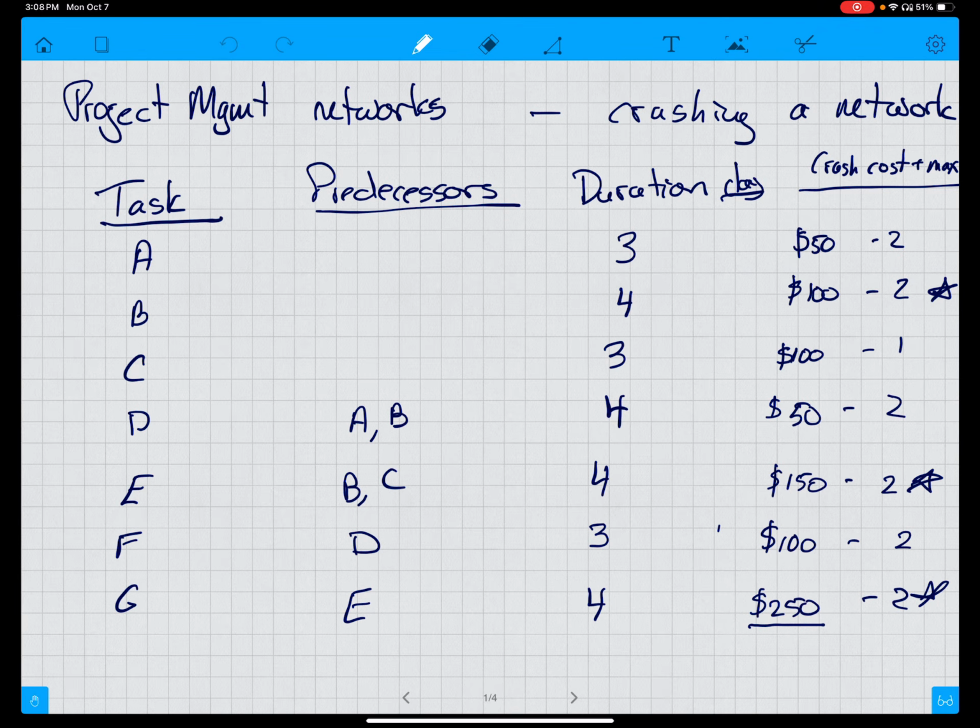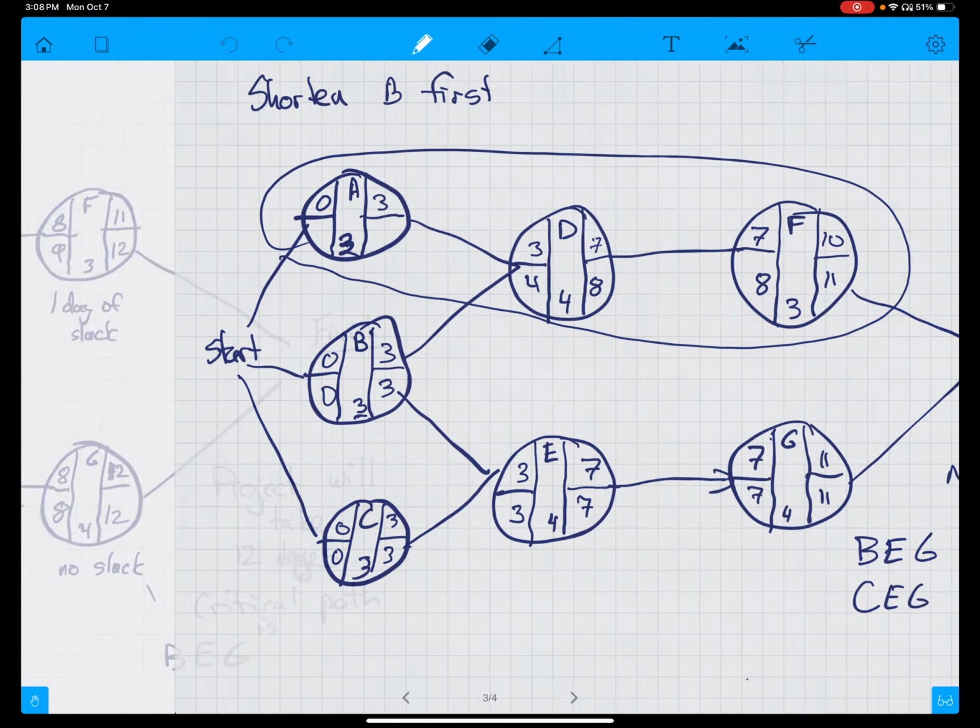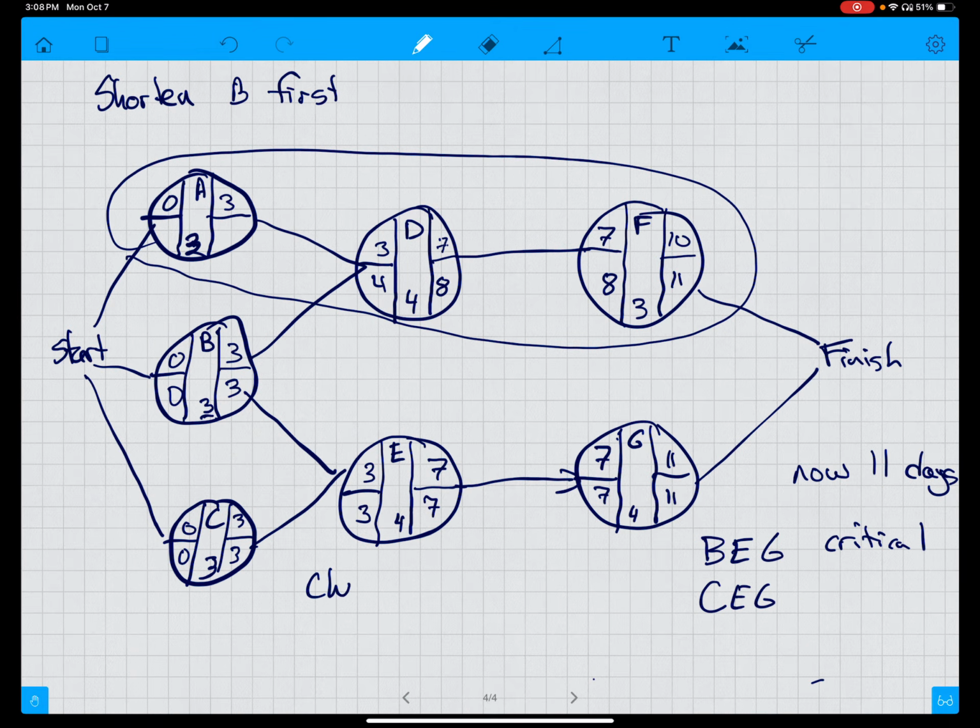It's E and G. E is $150, and we can shorten it, or we can shorten B and C. That's 200 plus 100, so it is cheaper to shorten E for $150, which shortens both of those critical paths.